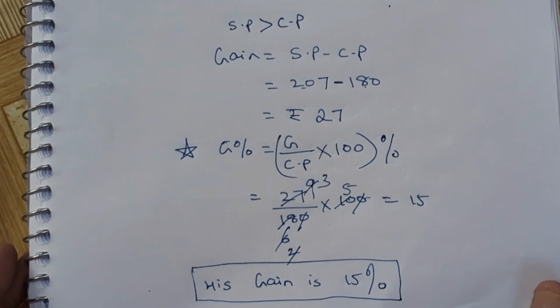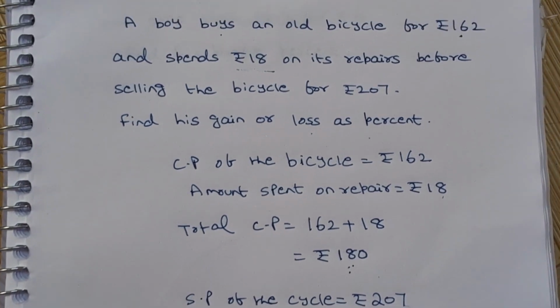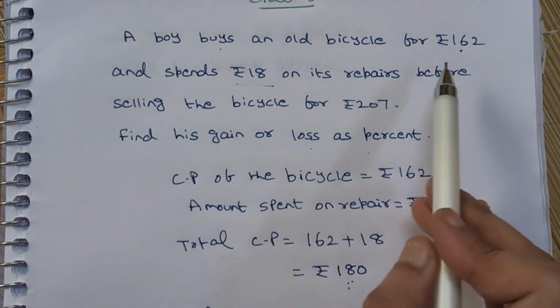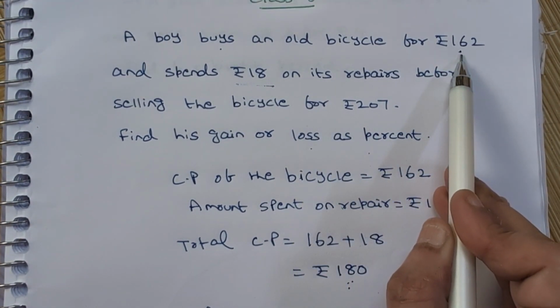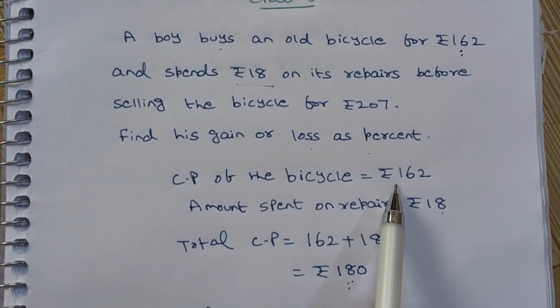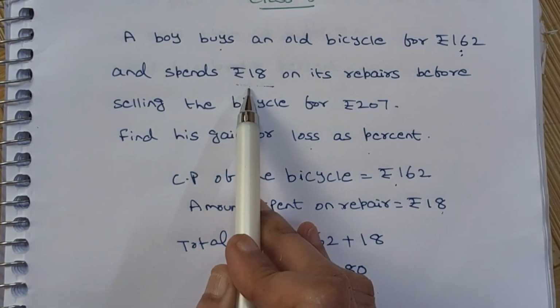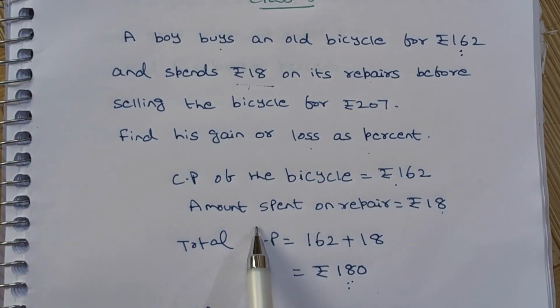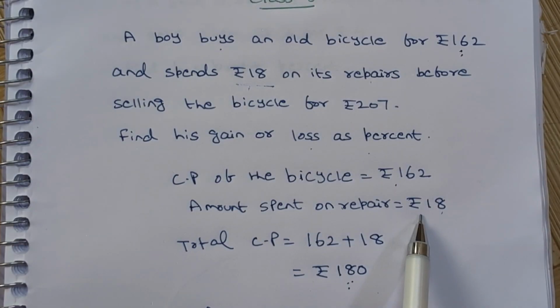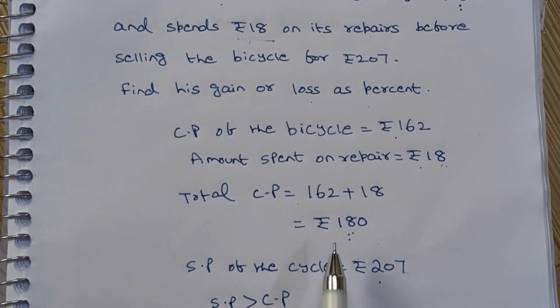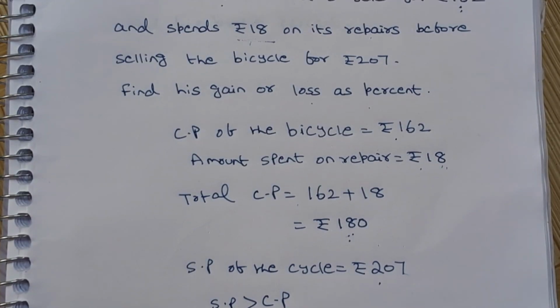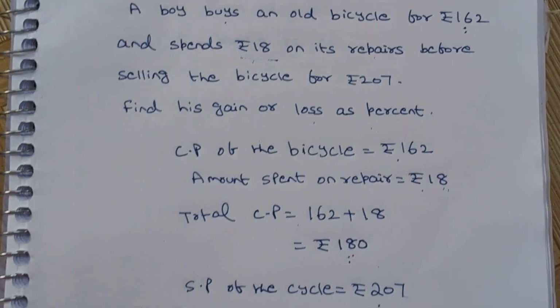Okay, so I hope you understood the question. First of all, read the question properly. He buys an old bicycle for rupees 162. That means CP of the bicycle is 162. He is spending 18 on its repairs. So amount spent on repairs is rupees 18. So total CP will be 162 plus 18, which is rupees 180. Then he sells the bicycle for rupees 207.